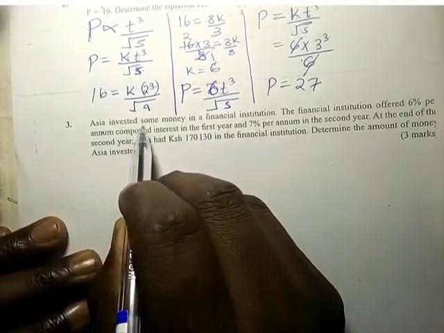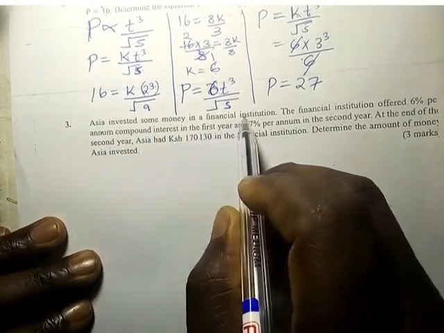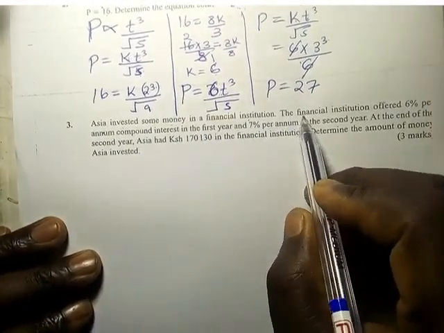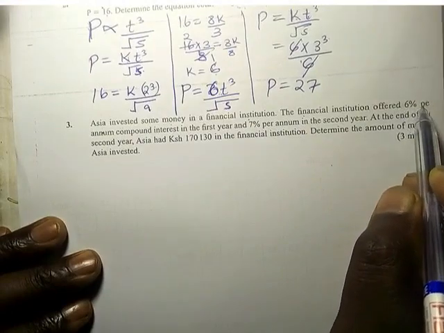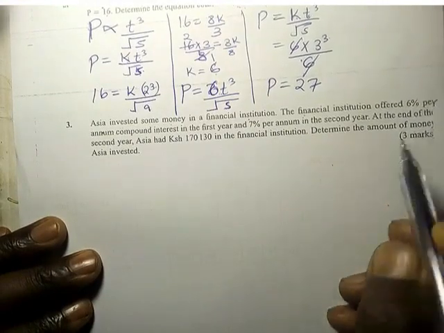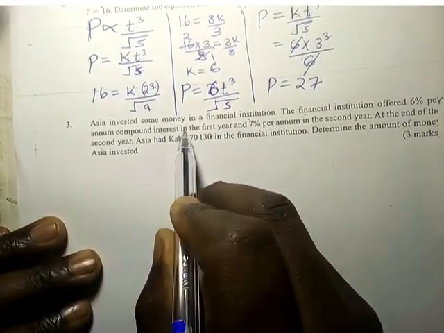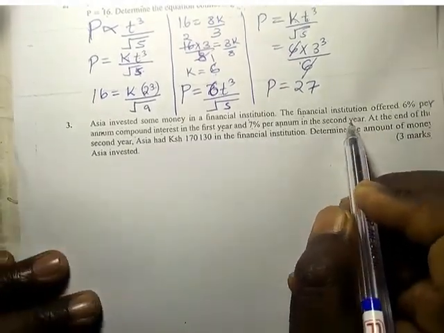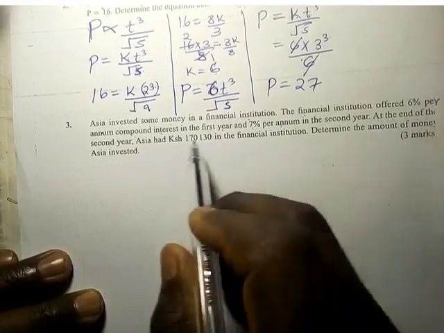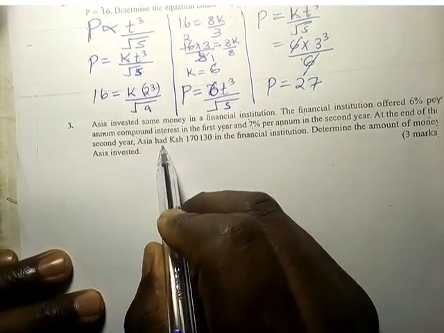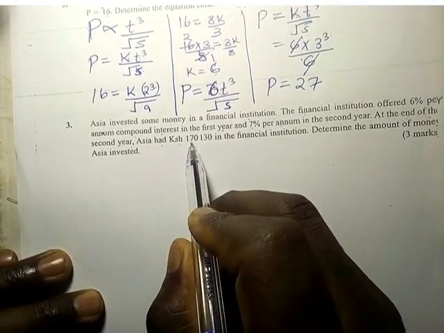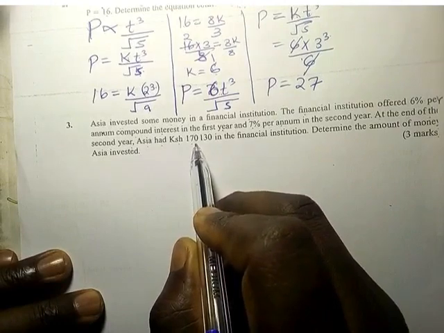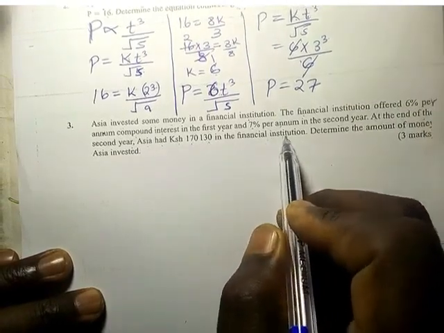Asia invested some money in a financial institution. The financial institution offered 6% per annum compound interest in the first year and 7% per annum in the second year. At the end of the second year, Asia had Kenya shillings 170,130 in the financial institution.